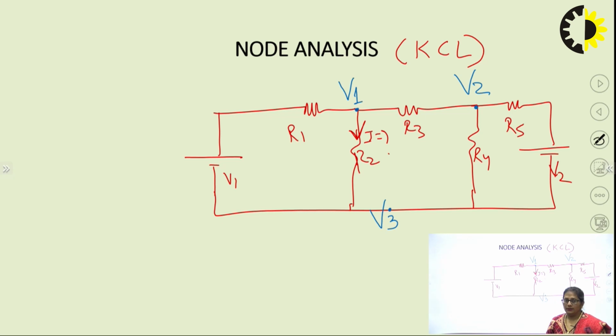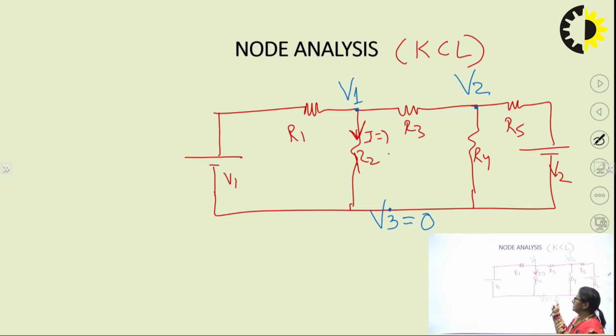Prior to that, out of these 3, I need to assign one of the junctions as the datum junction or reference junction, which has a voltage of 0. I may keep any one as my datum junction with a potential of 0, but it is always convenient to choose the one at the lower bottom side, because current is assumed to flow from higher potential to lower potential.